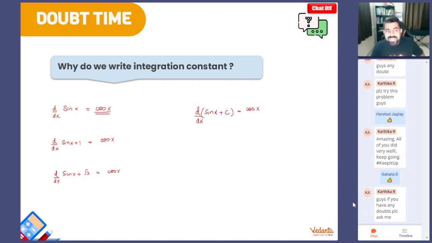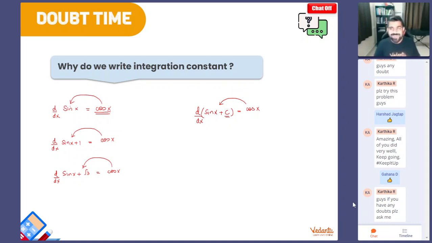So when I integrate cos x, I should not get only sin x. I should not get only sin x plus 1. If I integrate cos x, should I get only sin x plus root 3? I should be able to account for every possibility. And that is why we add a constant.